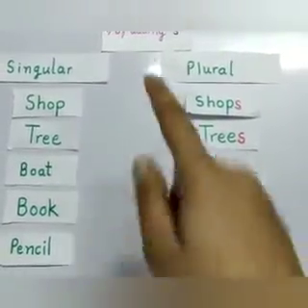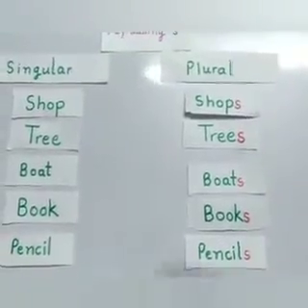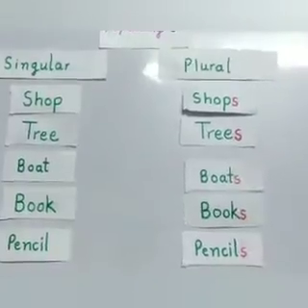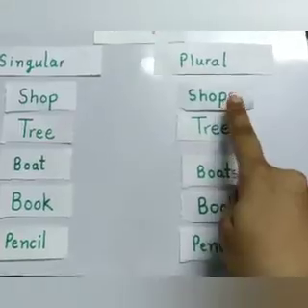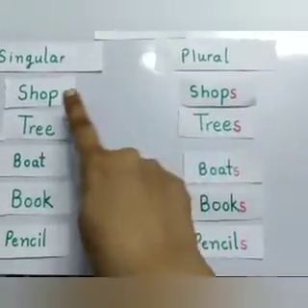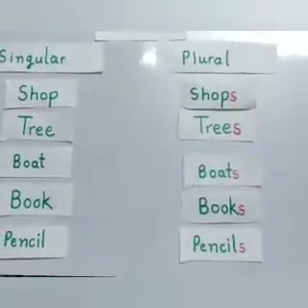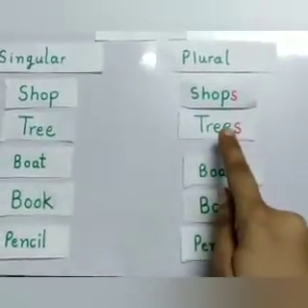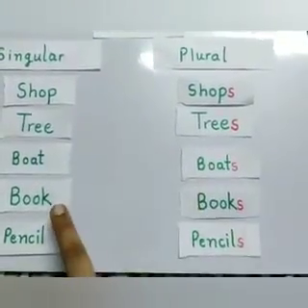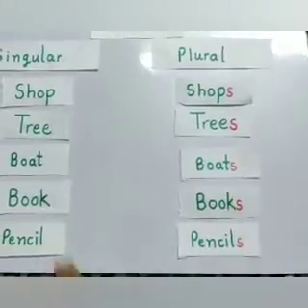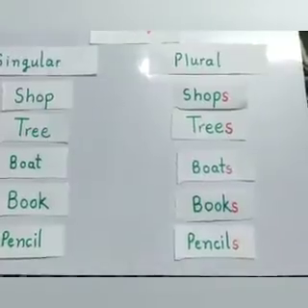We can change these words into plural naming words by adding letter s. For example, shop, shops. By adding letter s in this word, we can change it into a plural naming word. Tree, trees. Boat, boats. Book, books. Pencil, pencils.